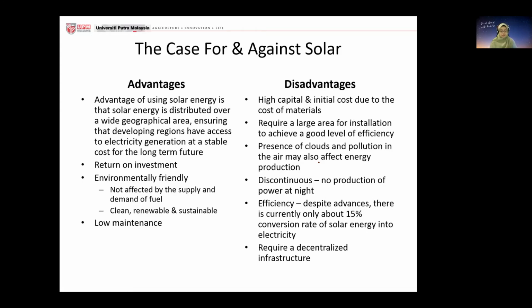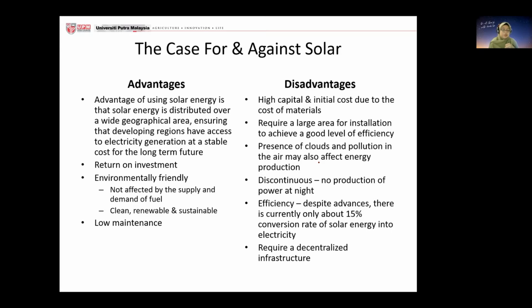Because usually in cities, you can build your PV, but you won't have enough land, especially in cities. So it needs to be further away from cities where the land availability is better.